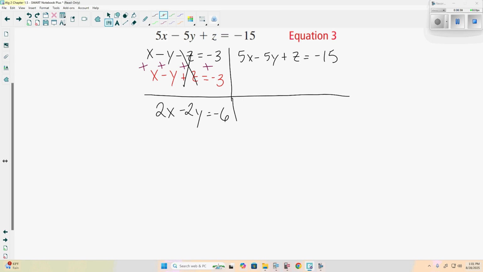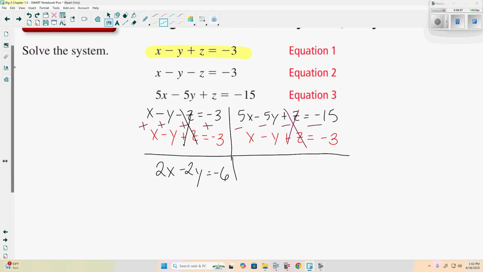Here. Since the z's are the same sign, z minus z is 0. Make sure.